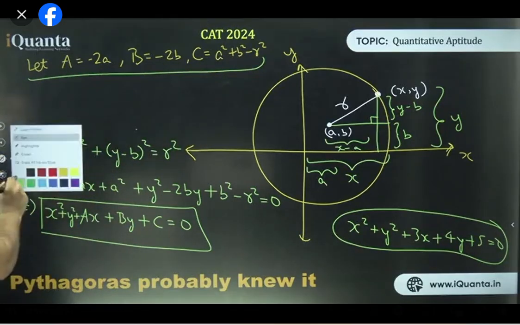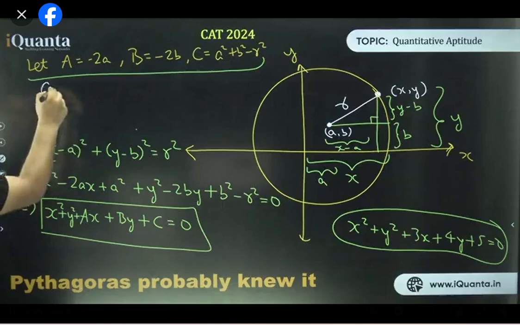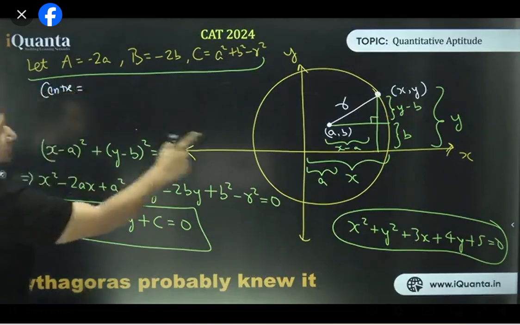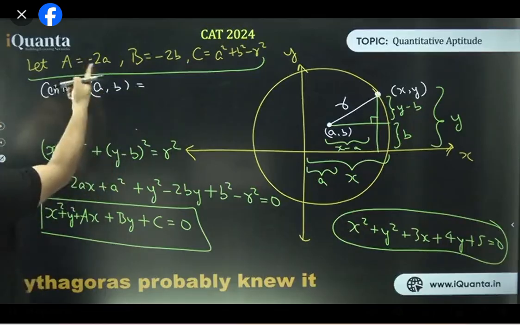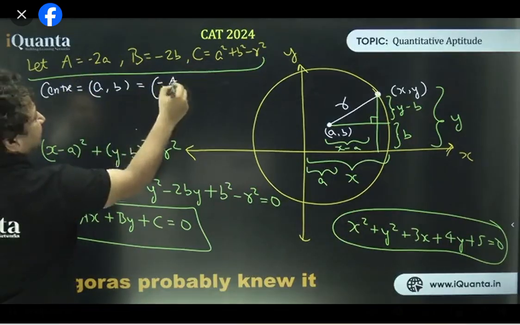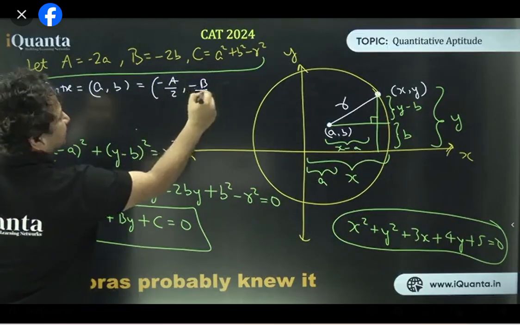So let me write the center now. What's the center? Center is a comma b, which will be in this case minus A by 2 and minus B by 2. Is that clear?